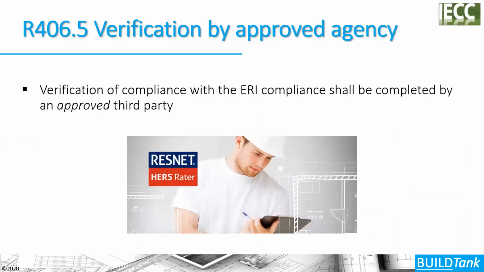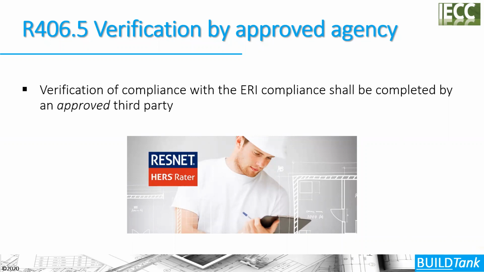What we do know is that this section allows verification by an approved agency, but what that really means is that generation of the code energy rating index should be done by a third party, most likely a HERS rater. You have to be cognizant that if you're a jurisdiction using this pathway of the code, HERS raters don't necessarily understand compliance with the other mandatory requirements of the code.